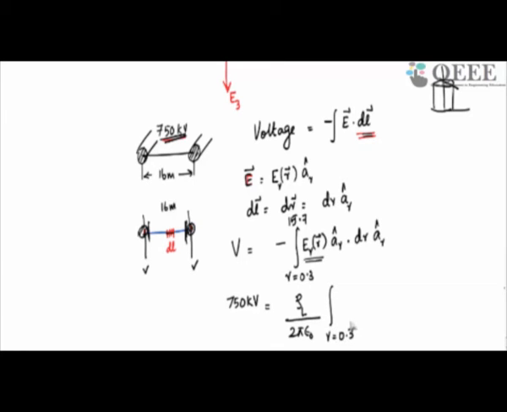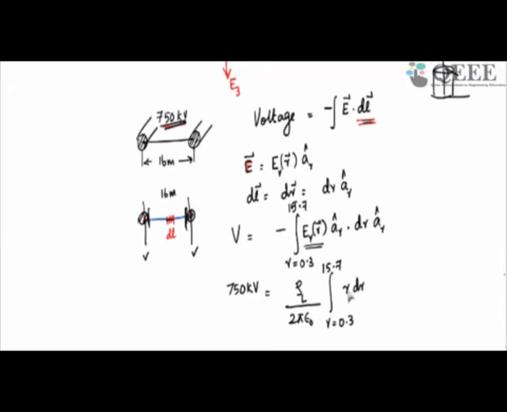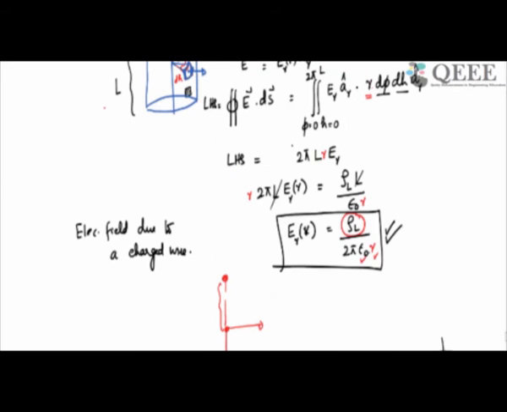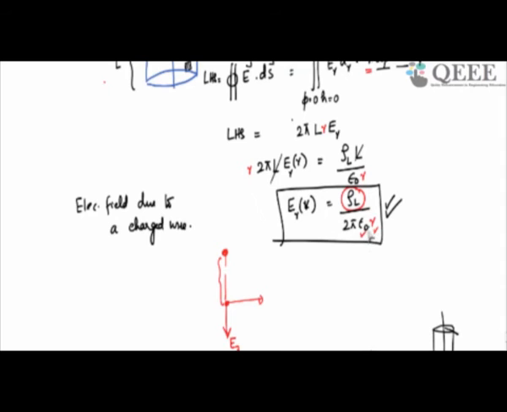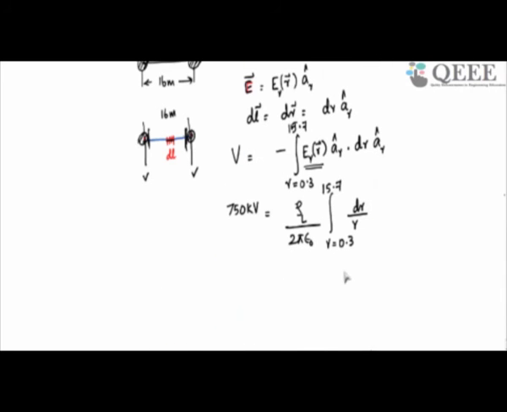So, R is 0.3 to 15.7 and dr, sorry, that R is in the denominator. So, it should be dr over R because ER is rho L by 2 pi epsilon naught R. Now, this would be rho L over 2 pi epsilon naught ln of R, which goes from 0.3 to 15.7.